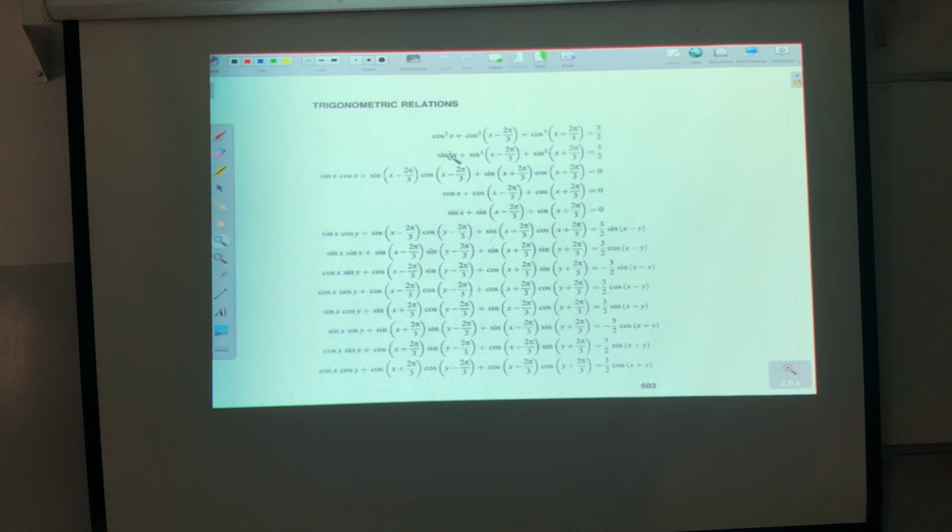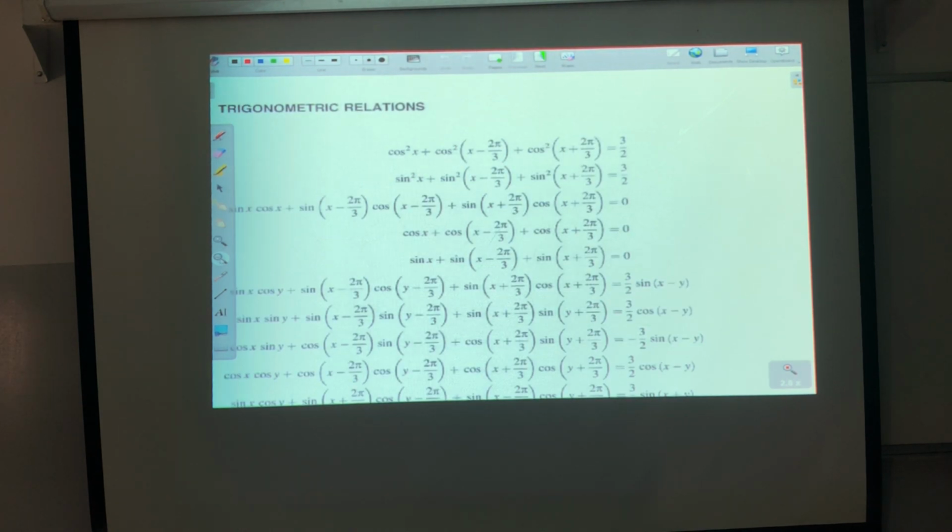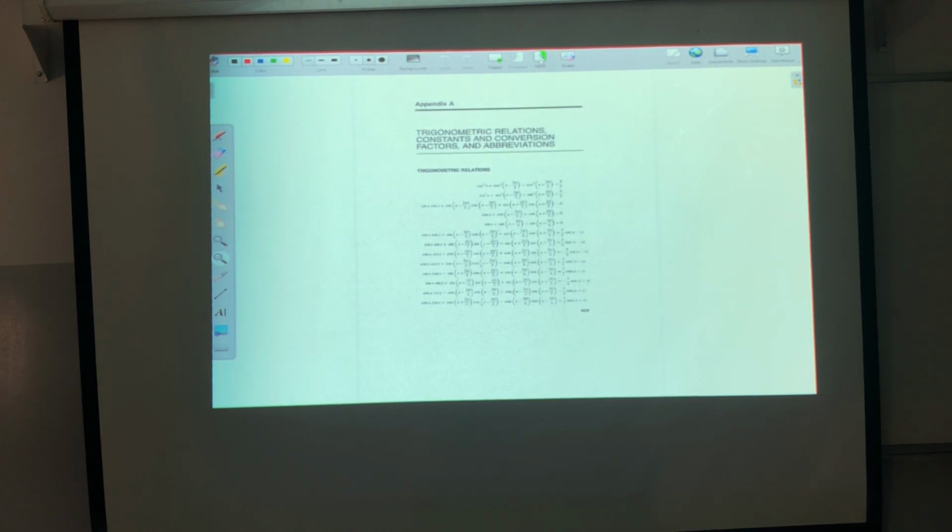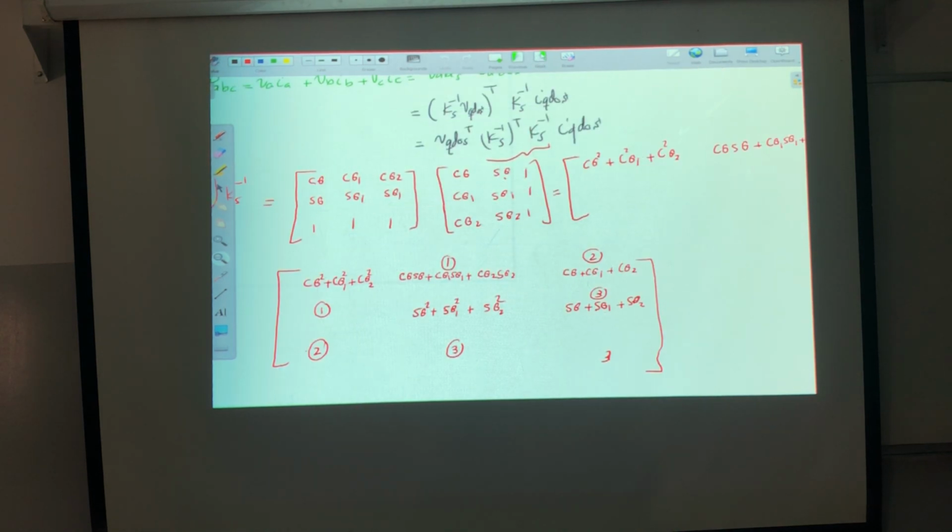And the sine? 3 over. Right? Okay. And sine, cosine, sine, cosine, sine, cosine? 0. And the cosine plus the cosine plus the cosine? 0. And the sine plus the sine plus the sine? 0. So this will be what? 3 over 2.